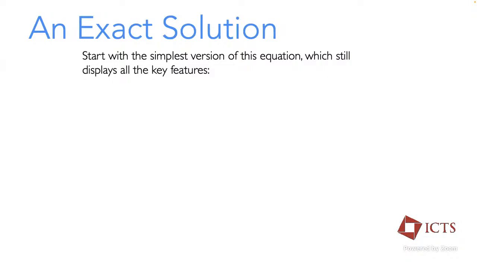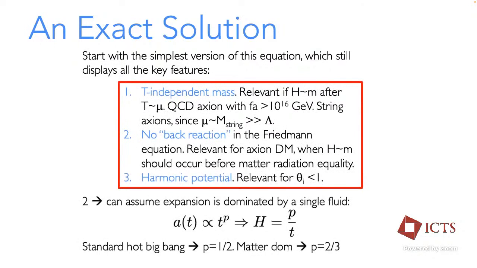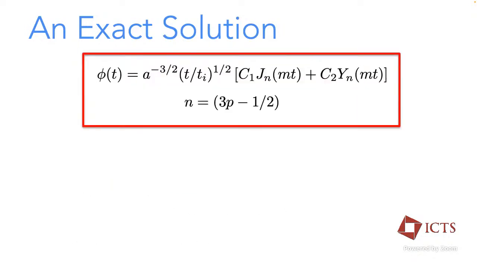I'll show what happens. Right, so the exact solution that arises from the equation that I just showed takes this form. Phi of t has a damping that goes like the scale factor, and then it looks like a Bessel function. So indeed, this just carries on for all t with a damping going like t to the power half, a to the minus 3 halves.